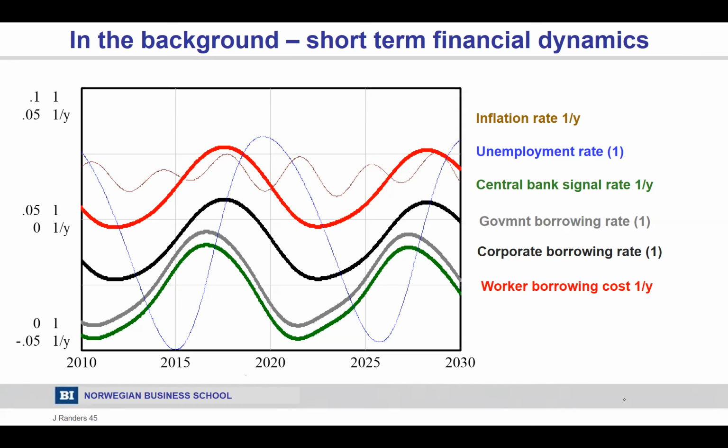The government borrowing rate is slightly higher than the green one, and the corporate borrowing rate is slightly higher than this again, and the worker borrowing rate is higher again. The only thing which is important here is that the financial sector accentuates the 10-year wave in the struggle between owners and workers by doing exactly the opposite of what they ought to do.